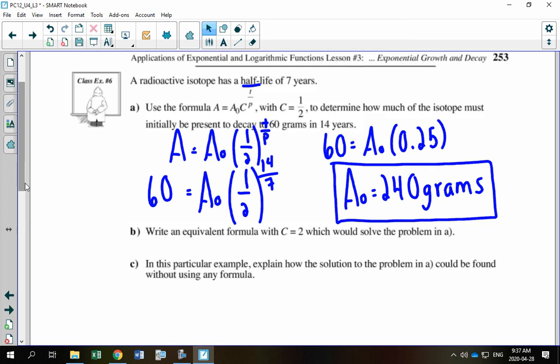Okay, write an equivalent formula, this time with a base of 2, which would solve the problem in part A. So if I change this to base 2, how would that look?